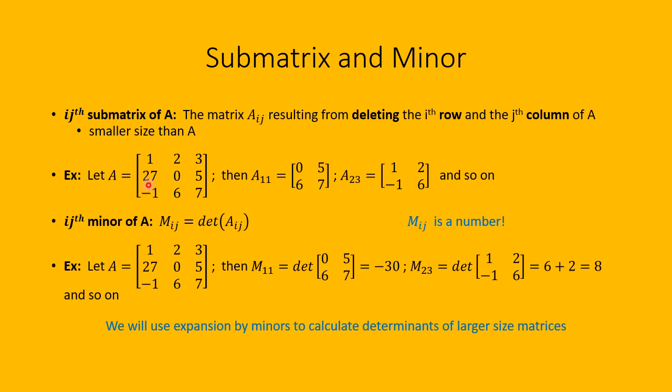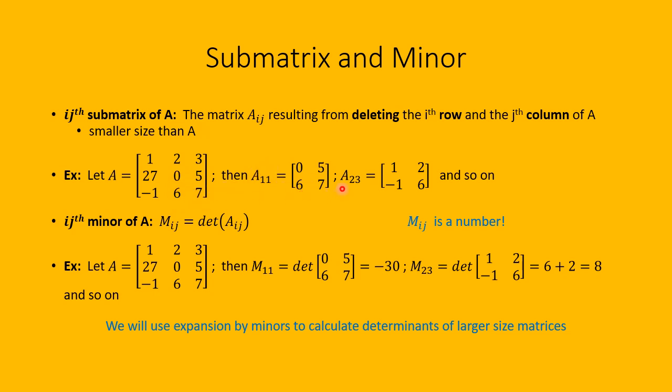We're deleting those because basically this is the 1, 1 element of the matrix A. So we're deleting the row that little a sub 1, 1 is in. We're deleting the column that little a sub 1, 1 is in. And so what we're going to be left with is this submatrix here, 0, 5, 6, 7.